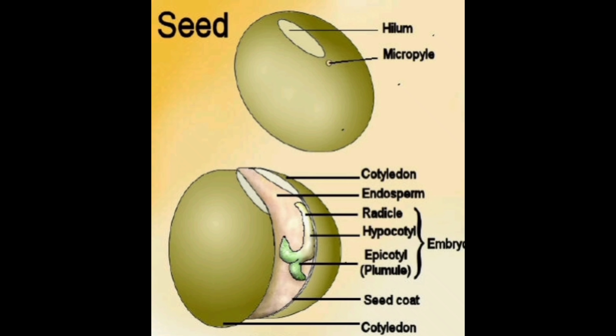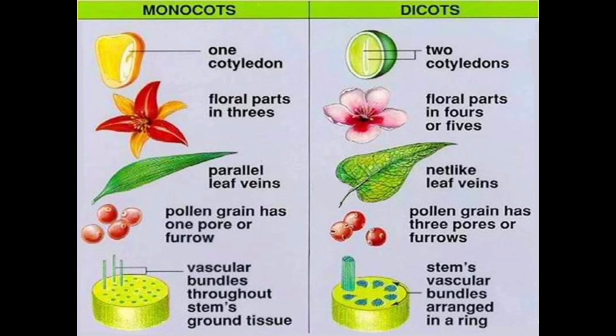So we are going to learn about monocots and dicots now. What is meant by monocots? It has one cotyledon. Dicots means it has two equal cotyledons. Monocots have one cotyledon. Dicots have two cotyledons. Monocots have floral parts in threes. Dicots have floral parts in fours or fives.